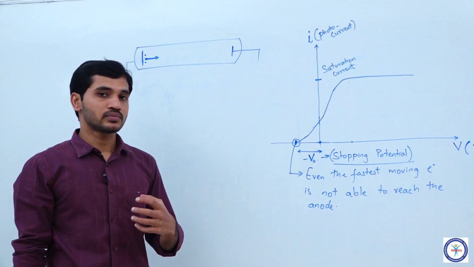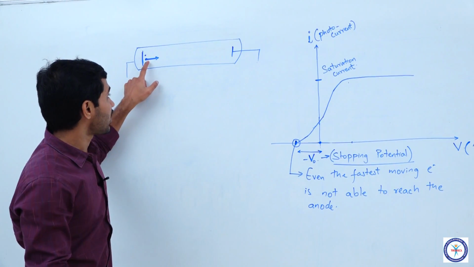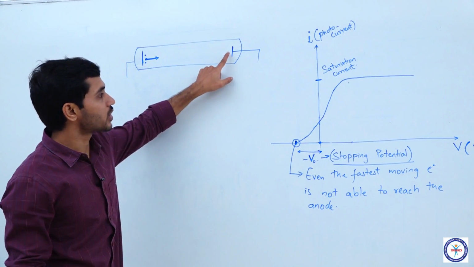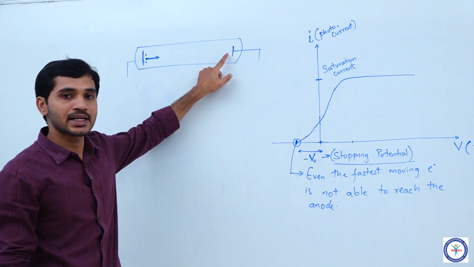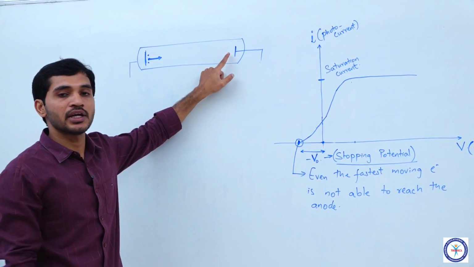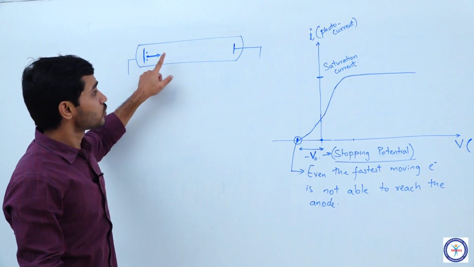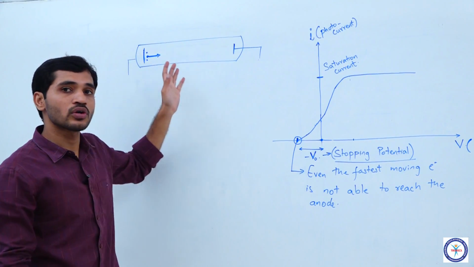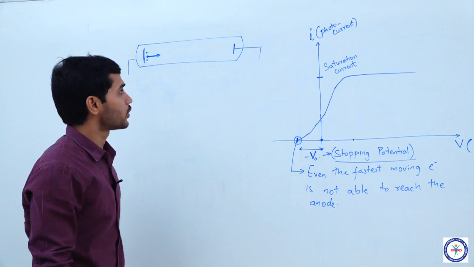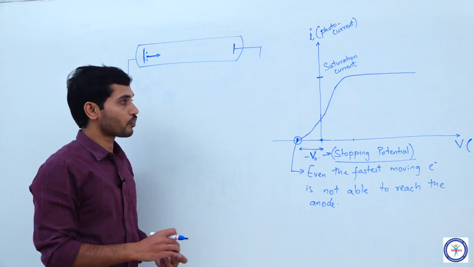So, what I am going to do now is ensure that the fastest moving electron comes to rest even before reaching the anode. If I write that condition, I would have ensured that no other electron will be able to reach the anode. So, that is the condition which I am going to write now.